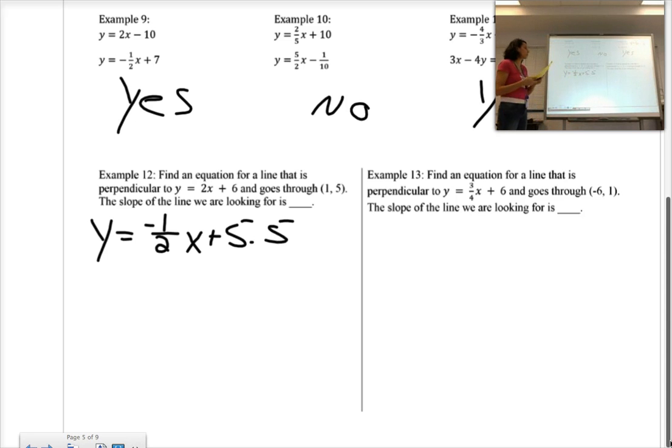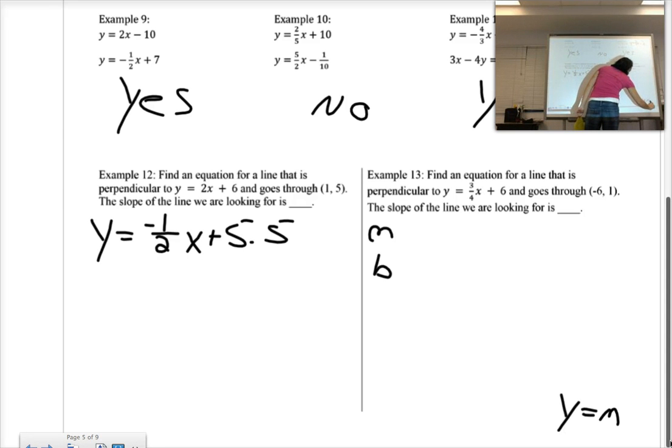Okay, now you can continue to do it the way we did before, or we can just simply put that we need to know m, and we need to know b. And our end result needs to look something like this. Or you can use your step action table if you want to create your own step action table.